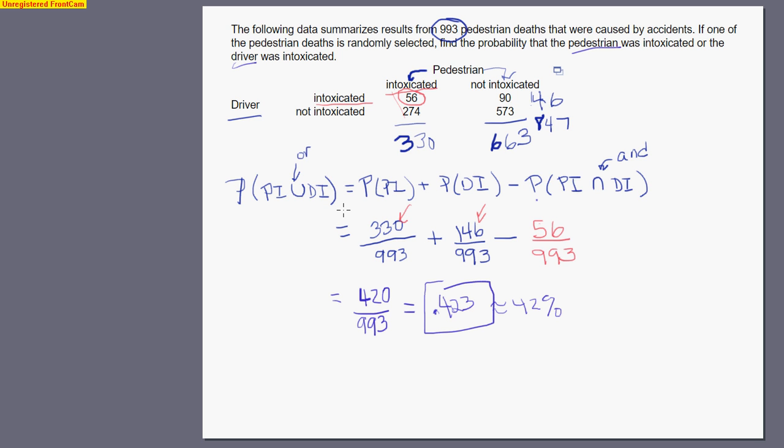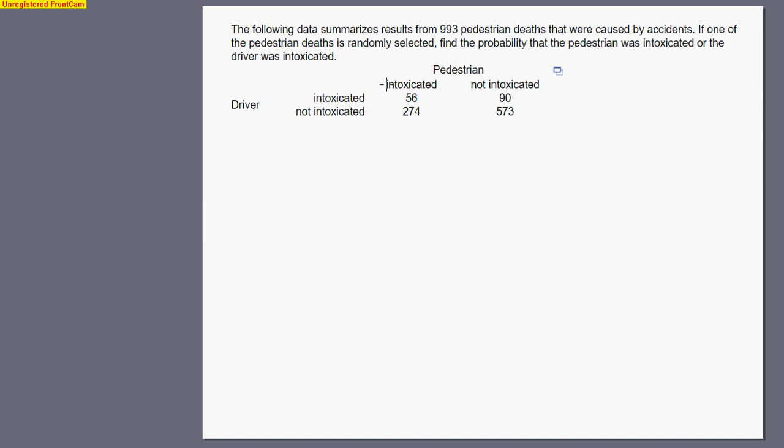Now, in a problem like this, where you have a table drawn so nicely, there's a little way to do this, which I like, but you have to have a table like this. That's why going through the formula is also important. If we're asked to find the probability that the pedestrian was intoxicated or the driver was intoxicated, where are the intoxicated pedestrians?